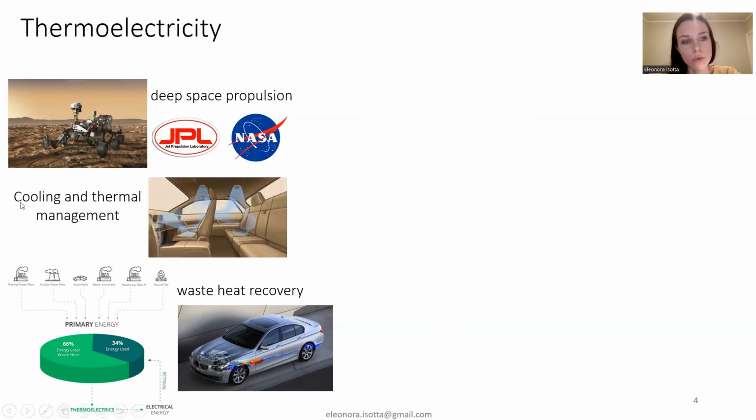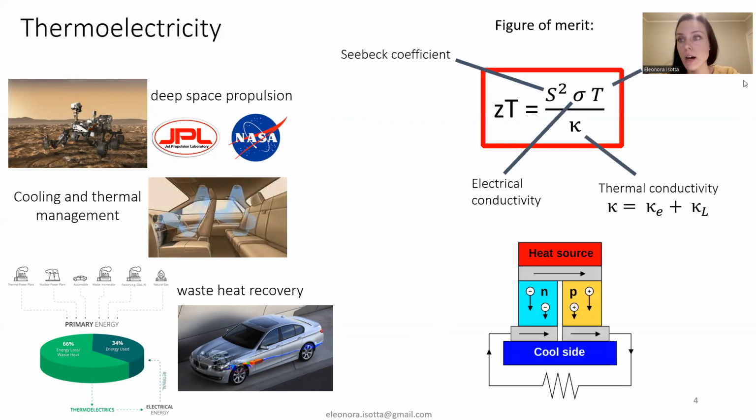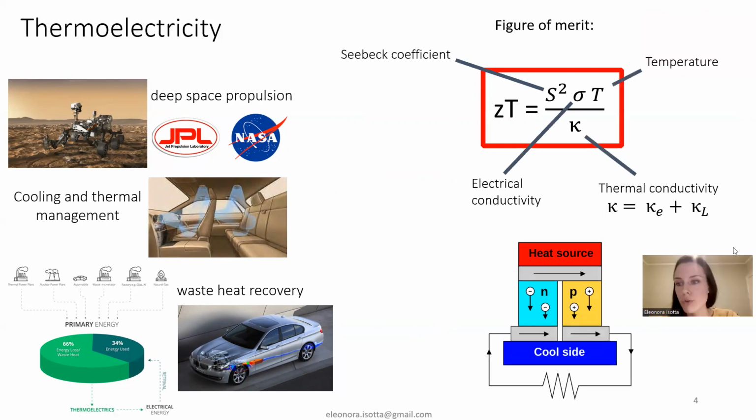So in order for these applications to work better, we actually need materials that are high performance, and performance in thermoelectrics is quantified by the figure of merit, this quantity ZT here. So the higher ZT, the better the performance of the material.